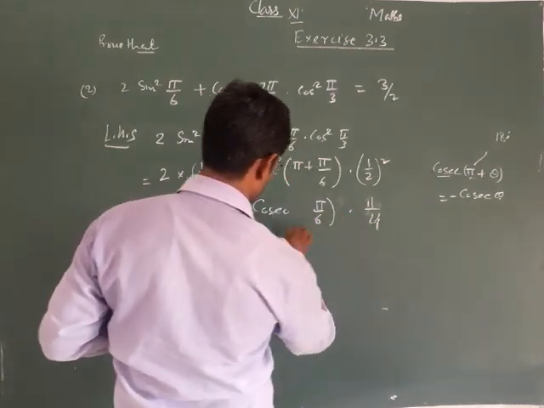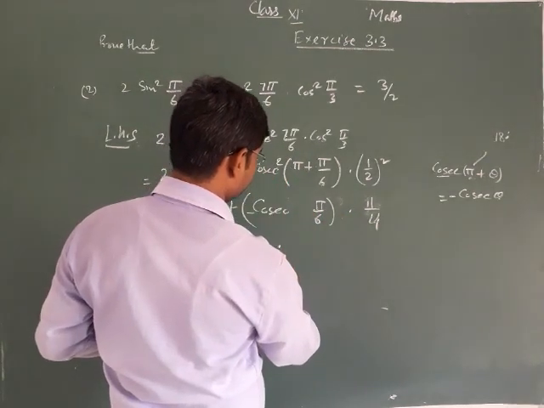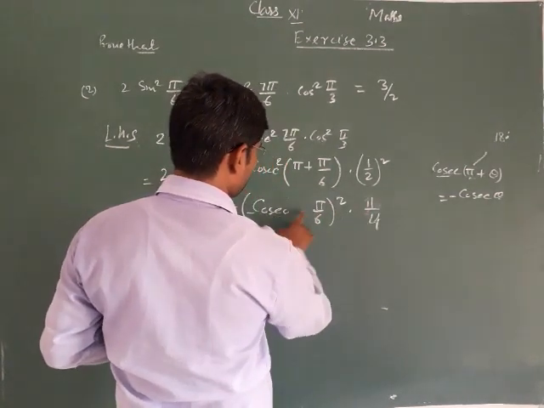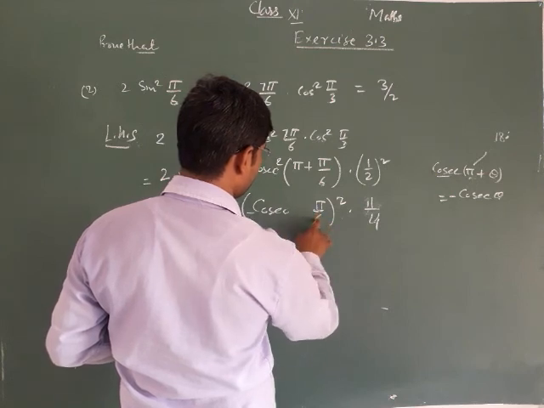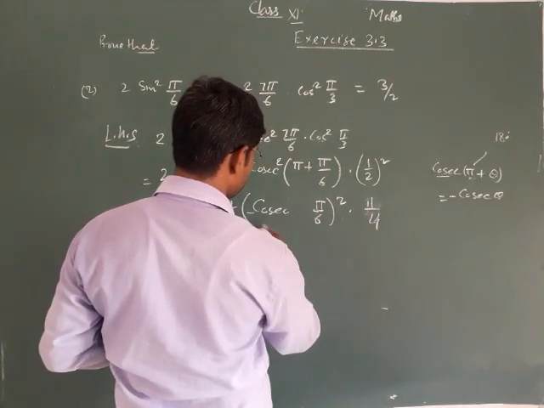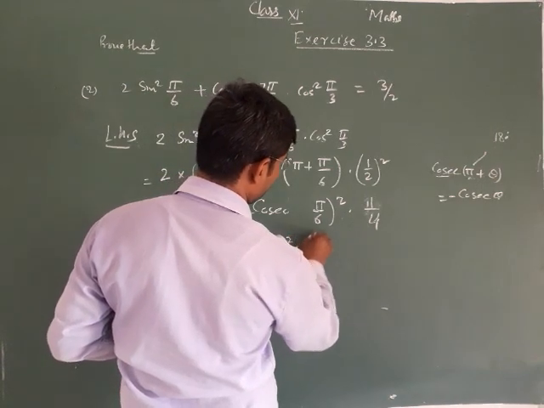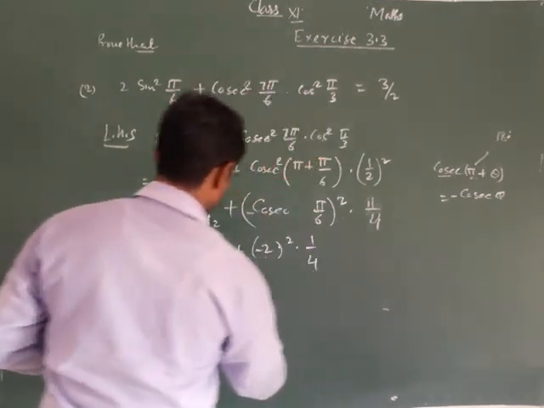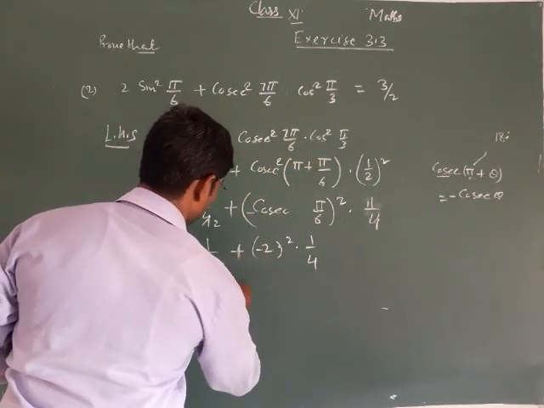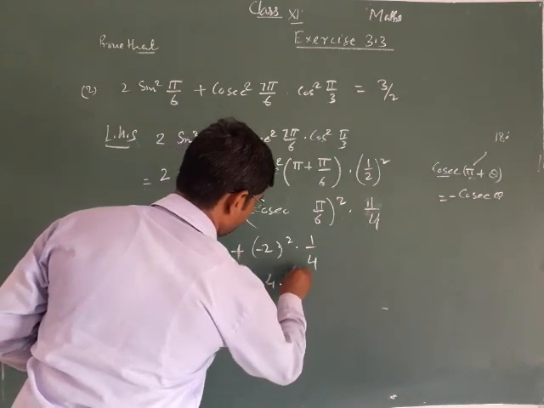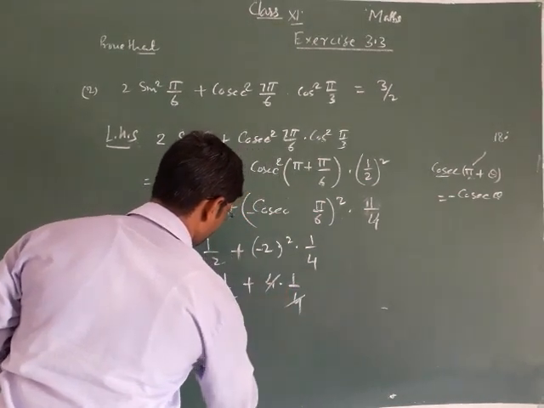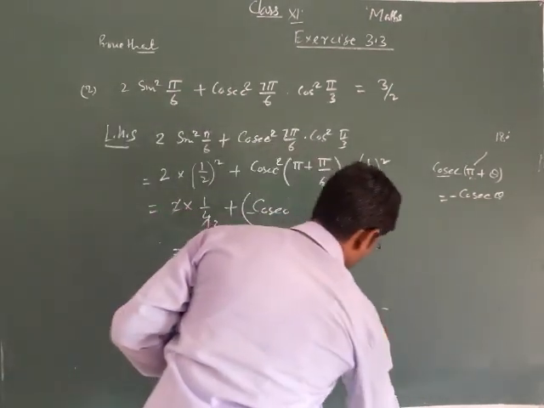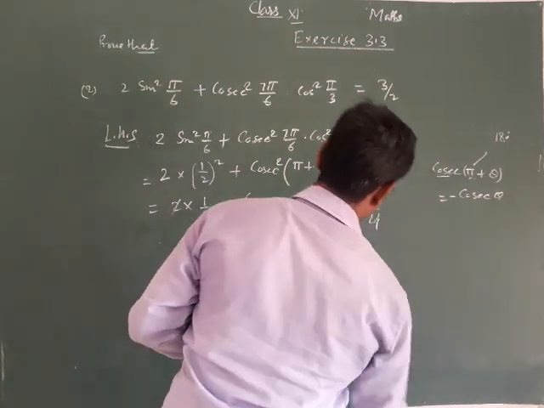So 1/2 plus cosec squared, cosec 30 is 2, so 2 squared is 4, and 1/4. So 1/2 plus 4 into 1/4, so this cancels out. 1/2 plus 1, this is 3/2. So this is RHS, proved.